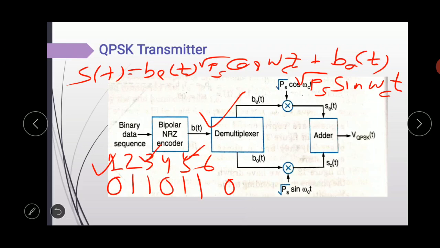This is the final equation, that is the QPSK signal transmitted from the transmitter side.